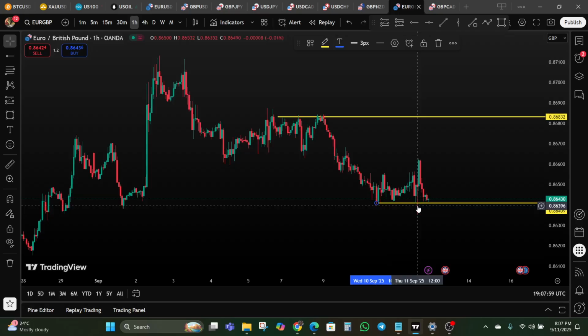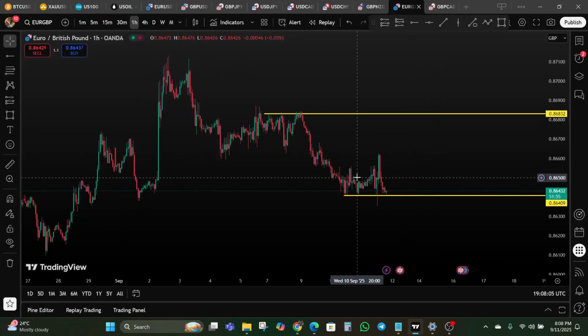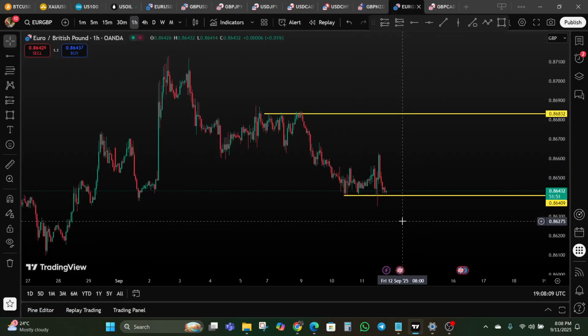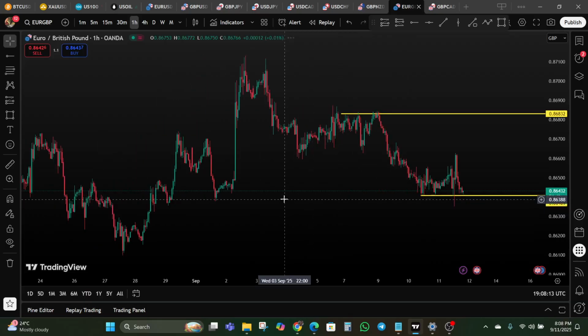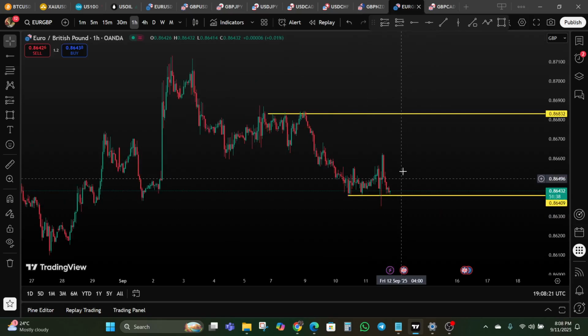Next, let's talk about stop hunts. Before major intraday moves occur, institutions often sweep liquidity. This means price spikes above or below a level, triggering stops before moving in the true direction.